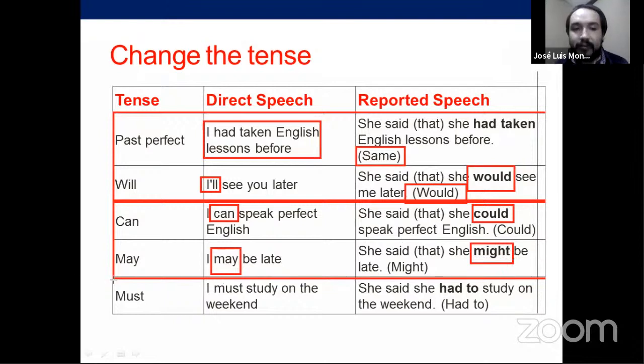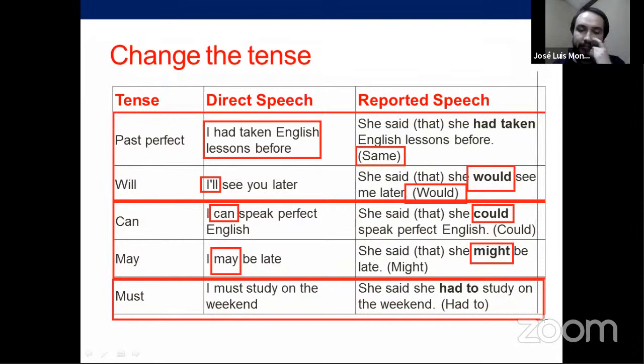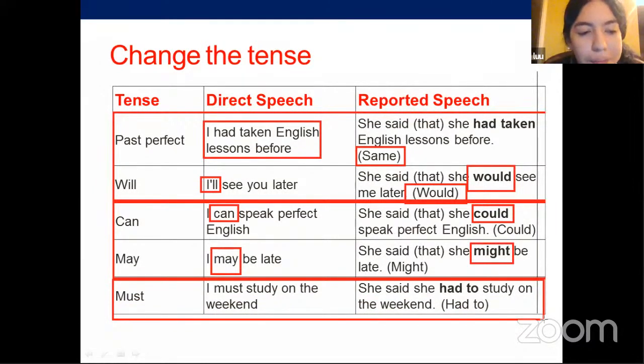And must, please, Luciana, if you can read the example with must. Okay. Must, direct speech: I must study on the weekend. And reported speech: She said she had to study on the weekend. Perfect.